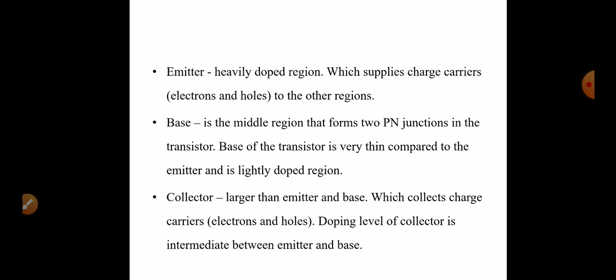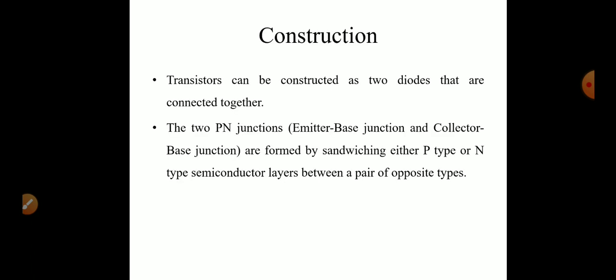The collector is larger than the emitter and base, and it collects charge carriers. The main function of the collector is to collect charge carriers, which are electrons or holes depending upon the NPN or PNP type. The doping level of the collector is intermediate between the emitter and base regions.